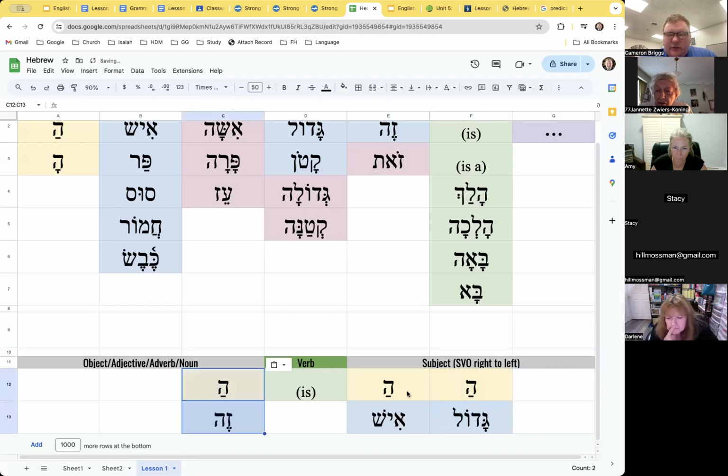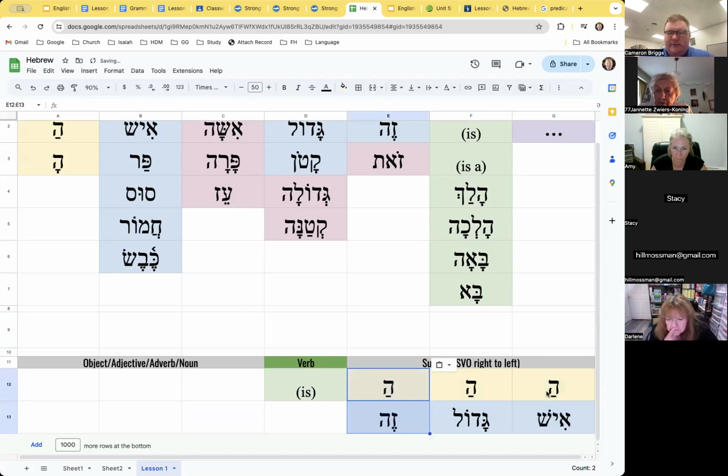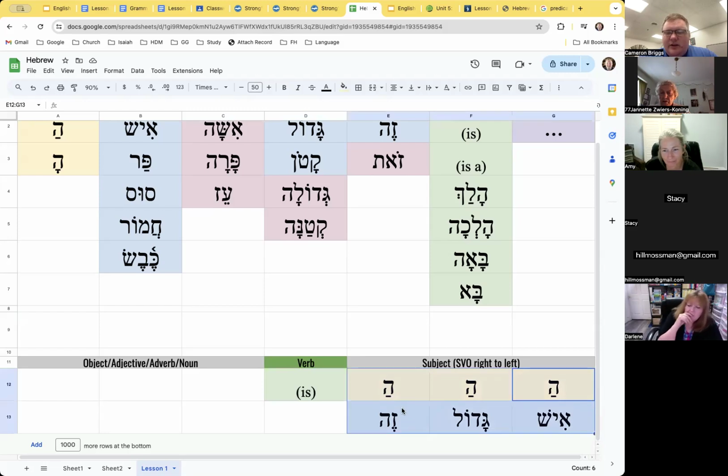So instead of "ish" being last and "zeh" being first, it goes just opposite: Ha'ish, hagadol, hazeh. So when it's on the same side of the verb, it's just opposite to what we would put the order of it in English. The first is last, the last is first. Yeah, it's very chaotic. There you go.